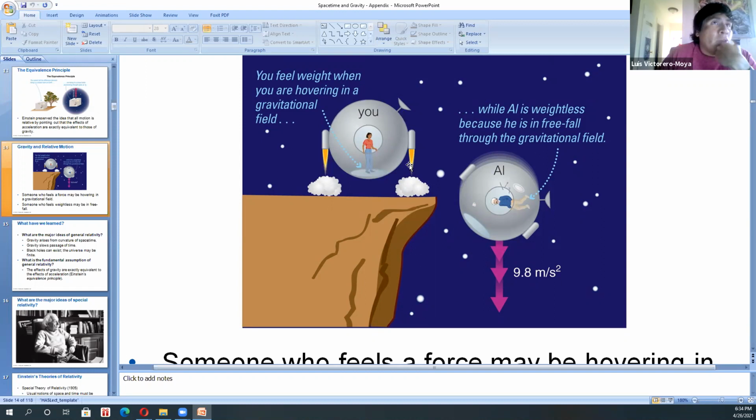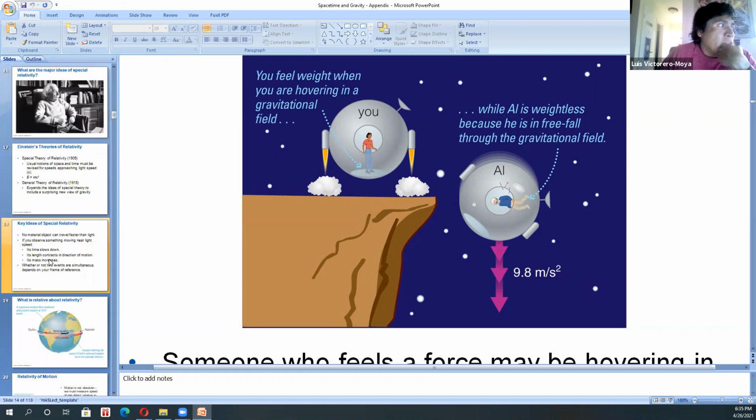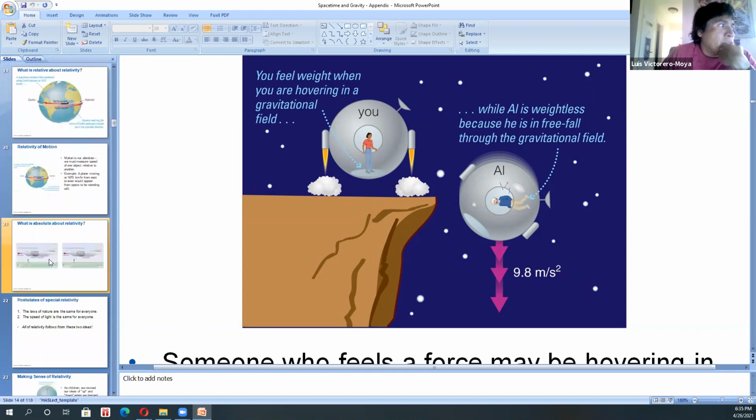You can very well create a whole artificial gravity, which allows you to actually stand, right? So that's where this comes from, right?